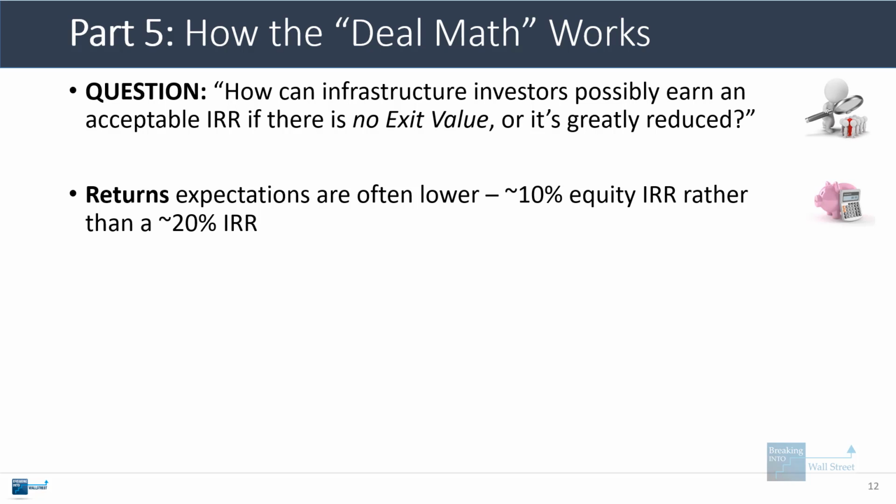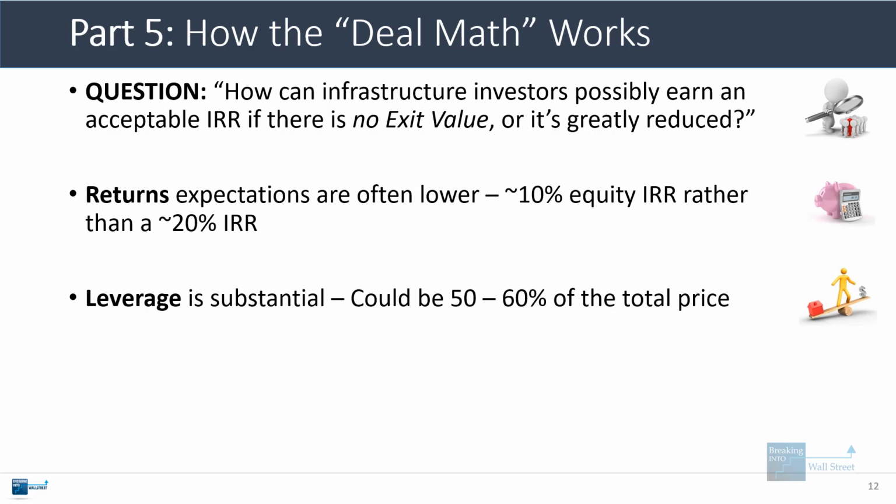The first point is that the returns expectations are often lower. So infrastructure investors might be targeting a 10% equity IRR or something around it rather than a 20% IRR as you might see in private equity. The second point is that leverage is substantial and it is often, though not always, higher than it is in a traditional leveraged buyout or many other types of M&A deals. In project finance, it might be 50, 60% of the purchase price, or perhaps even higher than that depending on the industry and the region.